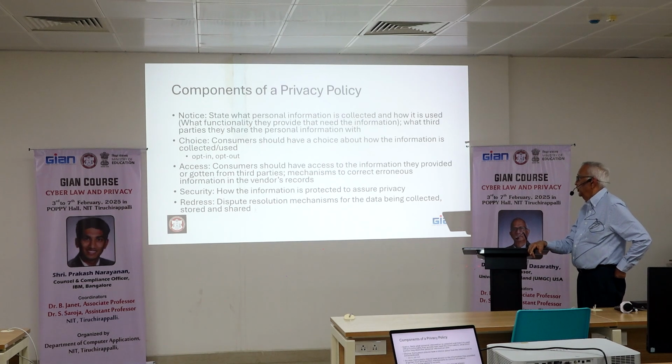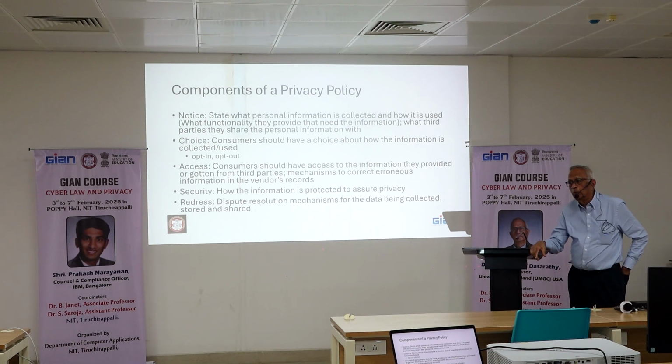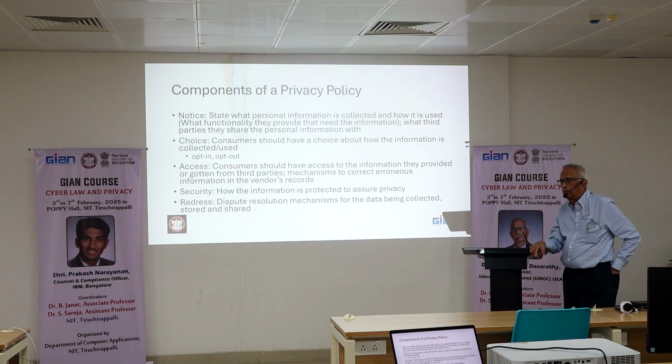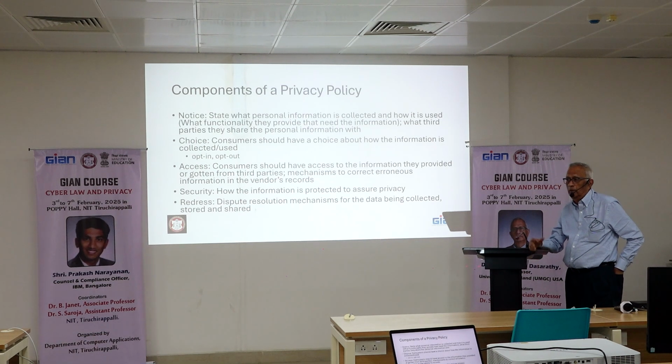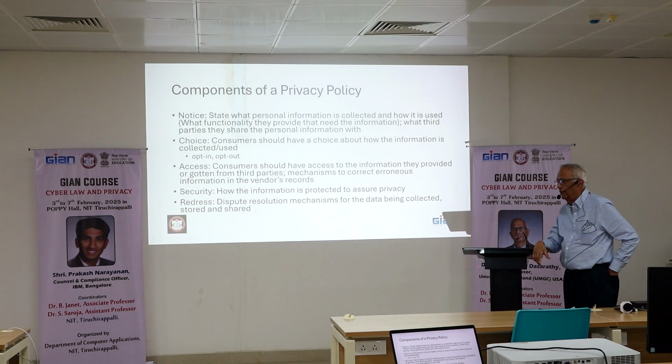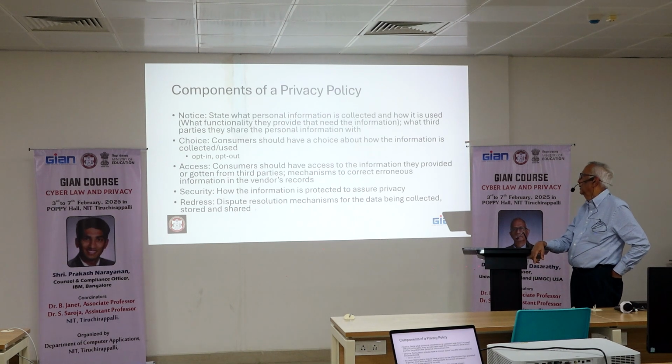So you should have access to the information you provided, and they should also provide a mechanism by which you can correct something that is not right. For example, your Aadhaar number is wrong, because it takes just one digit being wrong, or your address should say street instead of avenue. So you should have a way to correct it.